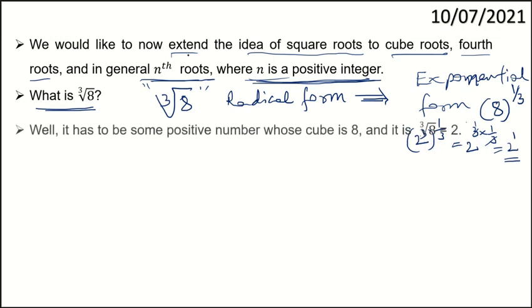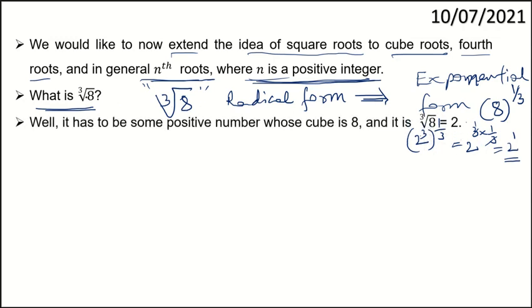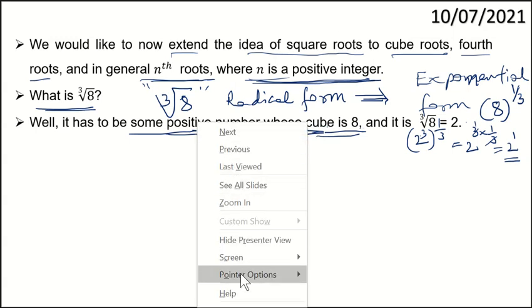That's how we got it: cube root of 8 is positive, and cube root of 8 is 2, since some positive number's cube is 8.